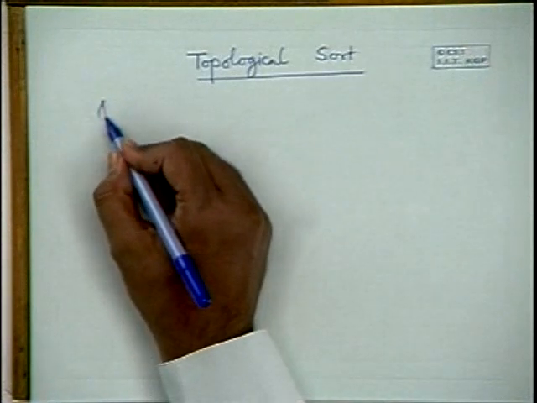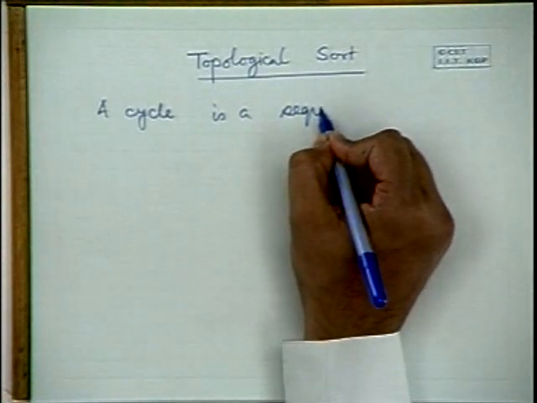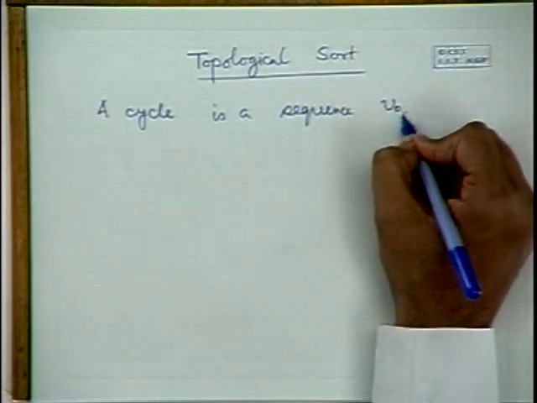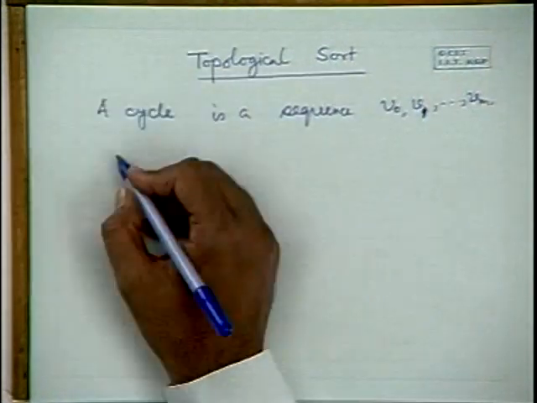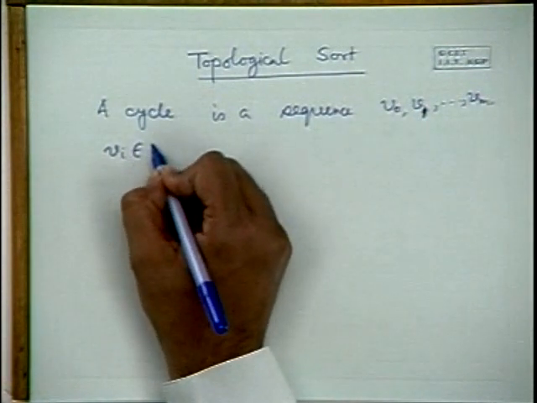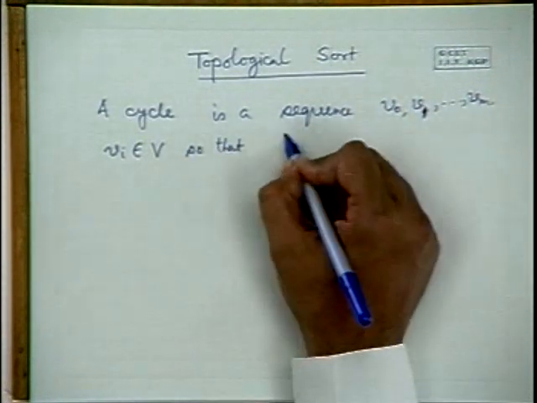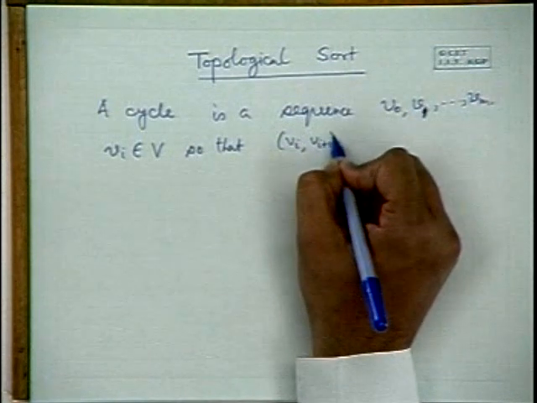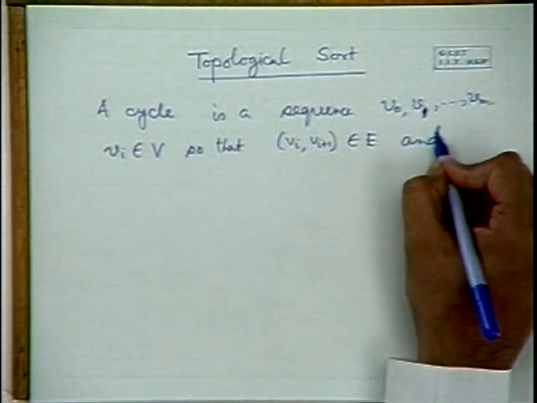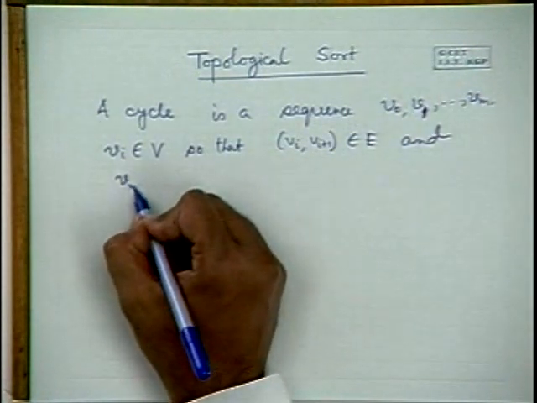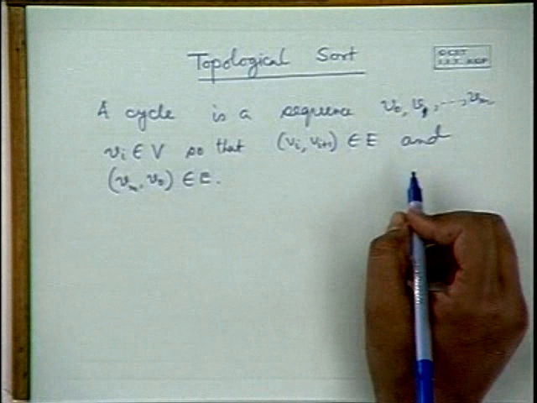So a cycle in a directed graph is a sequence of vertices V0, V1 up to say Vm, where Vi belongs to V, so that Vi, Vi plus 1, there is an edge, it belongs to E, and since it is a cycle, Vm, V0 also belongs to E. So that is the definition of a cycle.